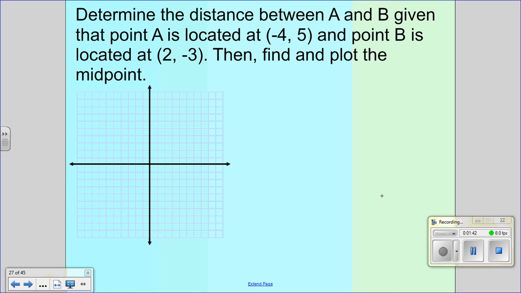The first example wants us to determine the distance between A and B, given that point A is located at (-4, 5) and point B is located at (2, -3). So the first thing we have to do is make sure we plot these points correctly. -4, 5 would be to the left 4 and up 5, so point A would be here.